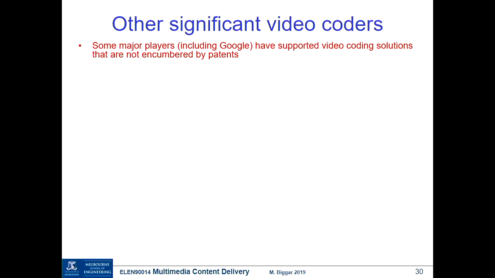Nevertheless, a lot of companies still see it as a risk. They can always change that. They can always demand that royalties be paid whenever you use one of these patent encumbered coders. And so that's been a motivation for several companies, and Google is the most prominent, to release royalty-free coders. So coders that have slight variations on the tools that get around the patents, and so you never have to pay any royalties for them.